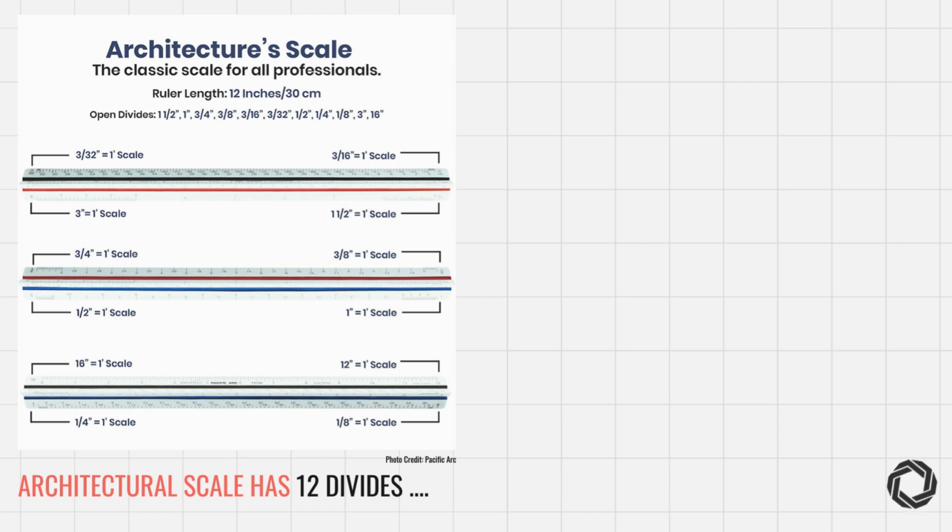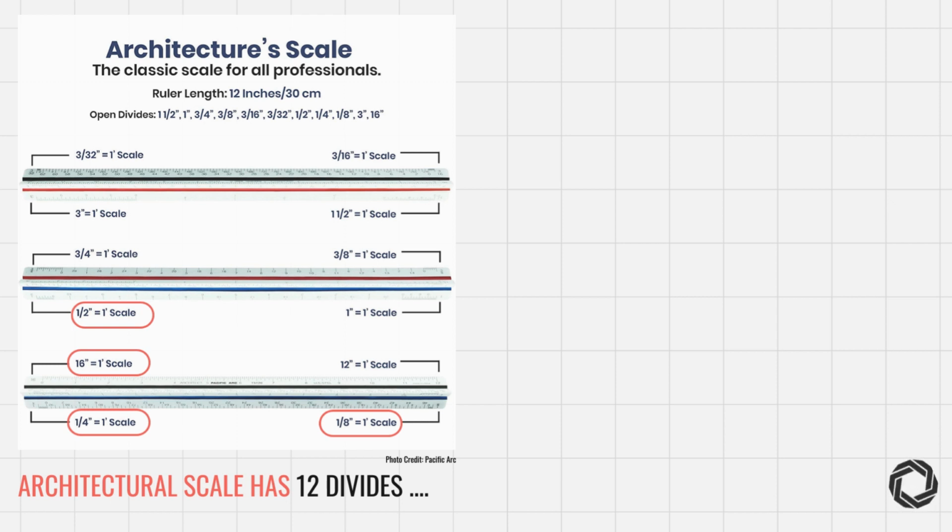And when I think about all of these different 12 divides, I tend to notice that for landscape designers and architects, the 1/4 inch equals 1 foot, the 1/8 inch equals 1 foot, the 1/16 inch equals 1 foot, and the 1/2 inch equals 1 foot scale are typically the scales that are used to demonstrate sections, elevations of buildings, structures, and even planting plans.